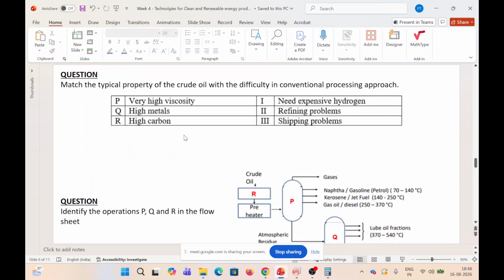Let's move on. Match the typical property of the crude oil with the difficulty in the conventional processing approach. In column 1, you have the properties of the crude oil. With these properties, what kind of difficulty will arise in the conventional processing approach? You have 1, 2, 3: need expensive hydrogen, refining problems, shipping problems.